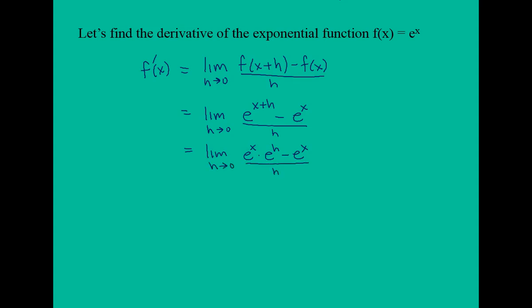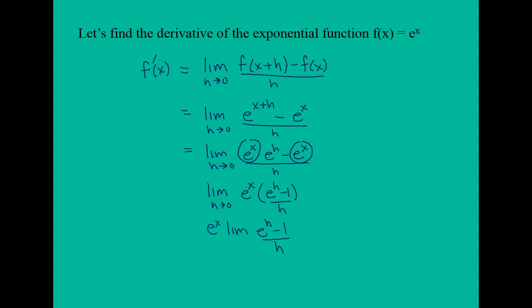Now, as h goes to 0, notice this doesn't have an h in it, so we could say it's a constant. And we notice we have an e to the x there and here, so we could factor that out. So we'd have e to the x times e to the h minus 1 all over h as h goes to 0. Now we said e to the x is considered a constant, so I'm going to bring that constant out front.